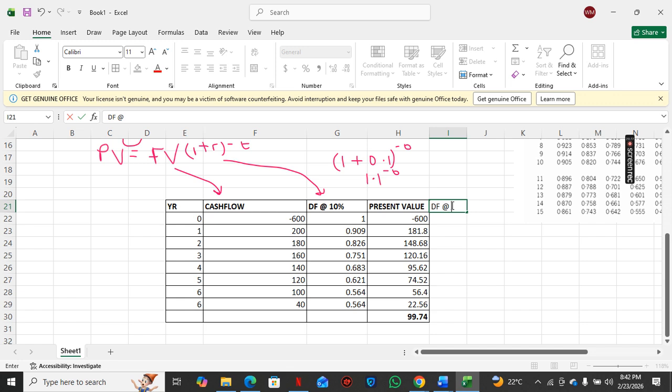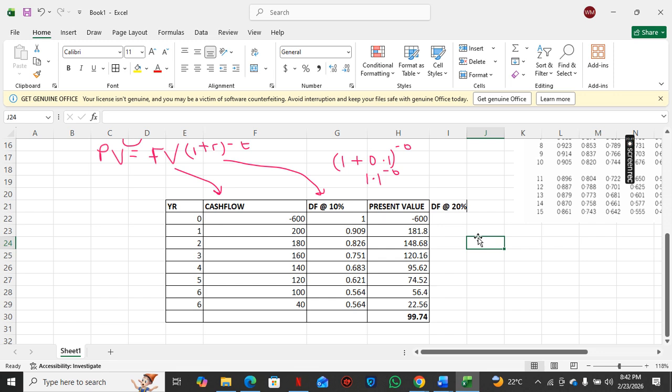So I'm using a discount rate of 20%. Colleagues, I have chosen 20%. You are free to choose any amount. In the exam, if you don't want to waste time, I always advise be extravagant. Choose a very high discount rate so that you get what you are looking for.